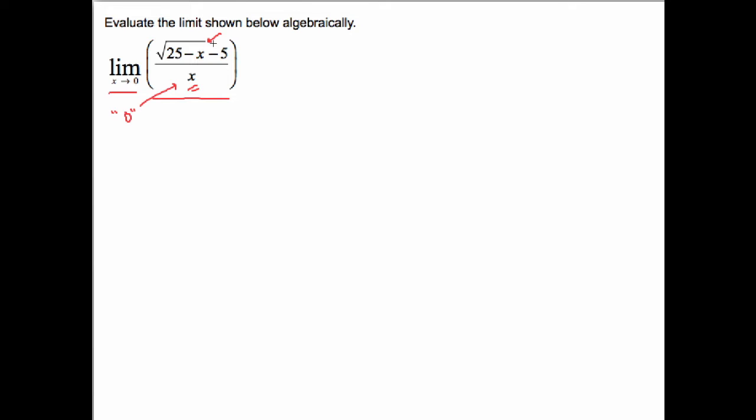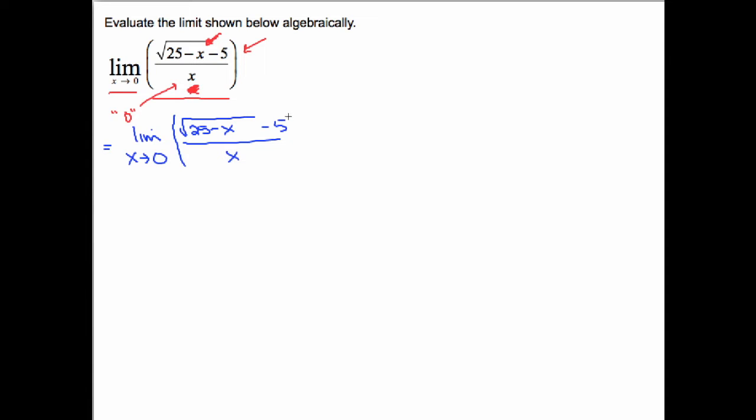So I'm going to multiply the numerator and denominator by the conjugate of the numerator. The reason I'm doing this is to try to get the x that I'm seeing out of the square root to cancel with the x in the denominator. So I have the limit as x approaches 0 of the square root of 25 minus x, minus 5, over x.